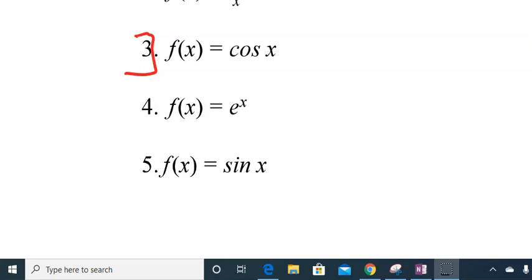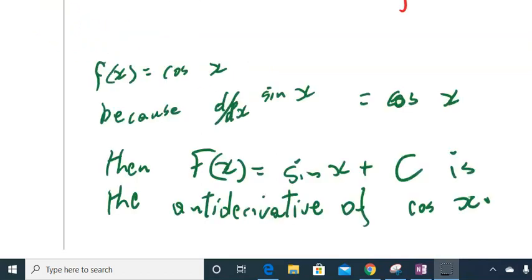Next question, let us try to find the antiderivative of cosine of x. The solution: f of x is equal to cosine of x. It is asking what function, if you take its derivative, gives you cosine of x.